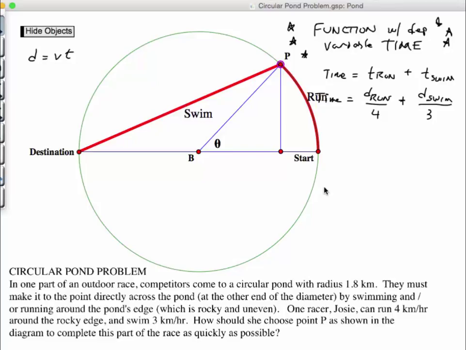Radius lengths, right? Okay? So what is the distance? But we want her distance in meters or kilometers. Okay? We want her distance in kilometers. So theta is her distance in radius lengths, and each radius is 1.8 kilometers, then what's her distance run in kilometers?